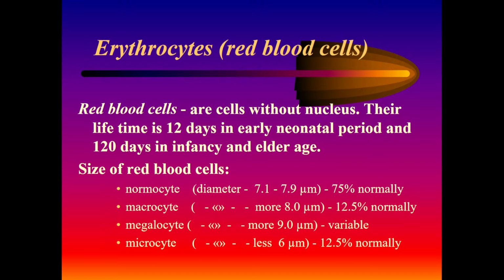Red blood cells normally have a short lifetime in the early neonatal period, just 12 days. And for other periods of childhood and in adult age, erythrocytes have a lifetime of about 120 days on average.